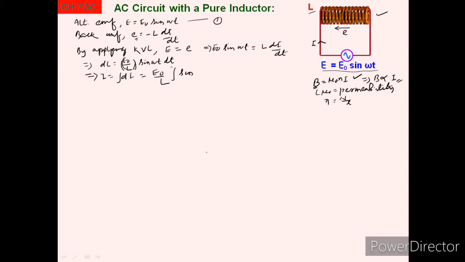Integration of sin omega t is minus cos omega t divided by omega. So when we write this, we get I is equal to minus E naught by omega L cos omega t.